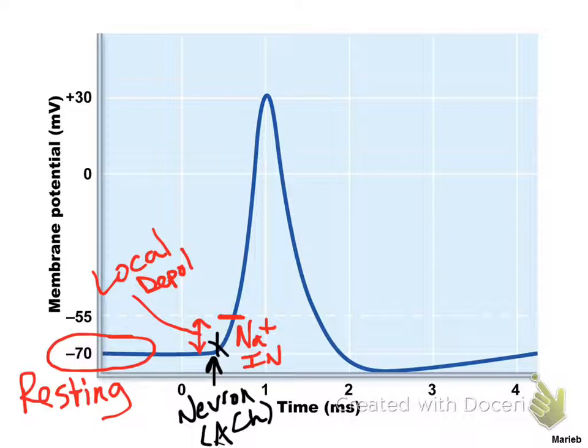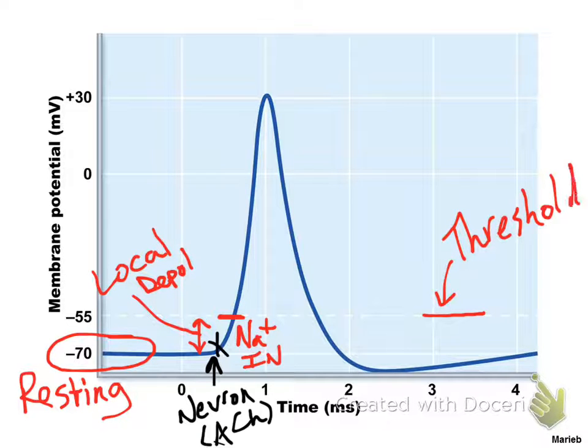And then right there where I drew the red line, that's actually a significant point. Do you guys remember what the label was for that dotted white line last time? Oh, it's threshold.